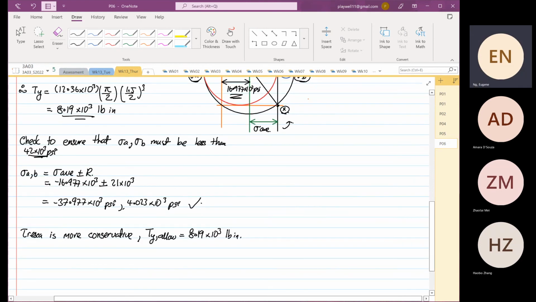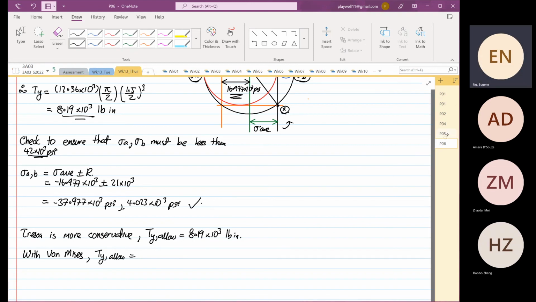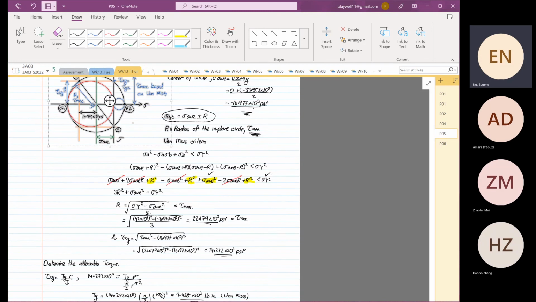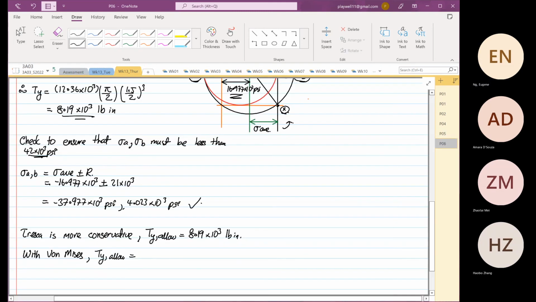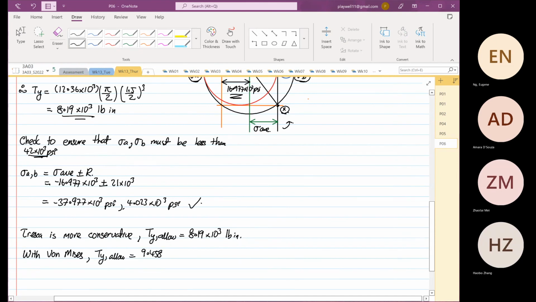With von Mises, the allowable torque Y is equal to 9.458 times 10 to the power 3 pound-inch.